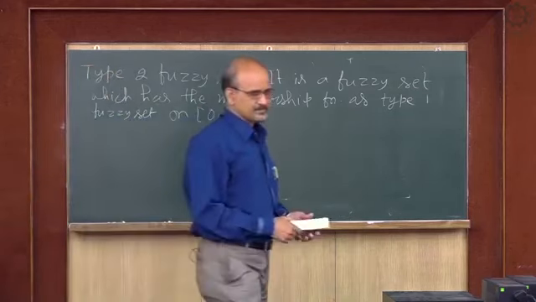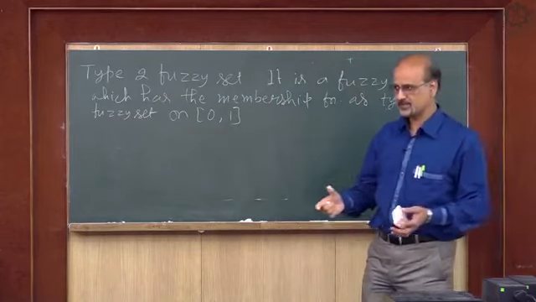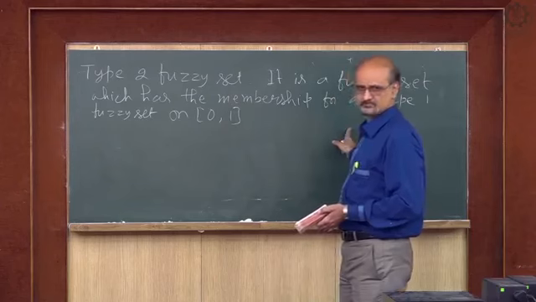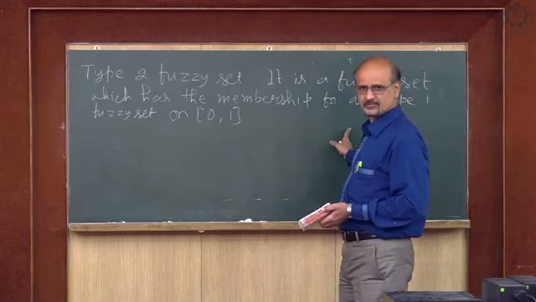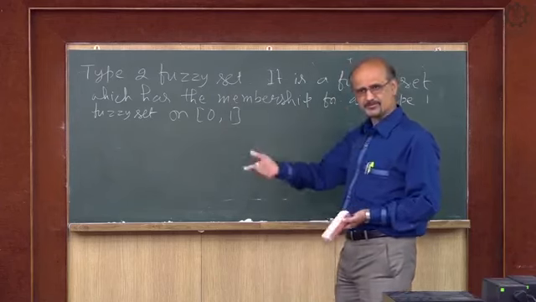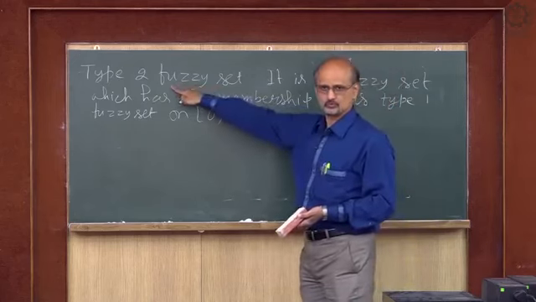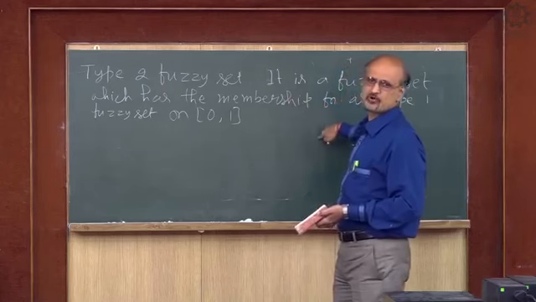What is a type 2 fuzzy set? A type 2 fuzzy set is a fuzzy set whose membership function itself is a type 1 fuzzy set. For understanding, we have a fuzzy set such that its membership function is itself a fuzzy set. So we give the name type 2, whose membership function is type 1.